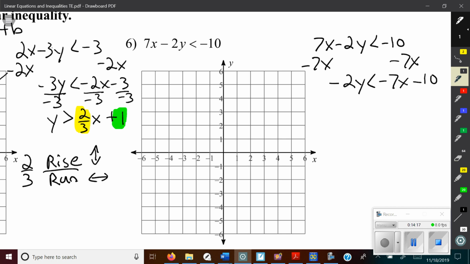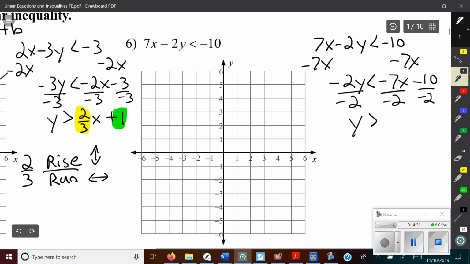Okay, and now you're just going to divide this negative 2 here. And that's going to give us a y is greater than, because I'm going to switch my inequality around, 7 over 2x plus 5.